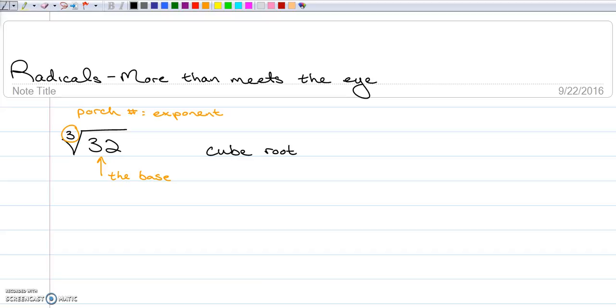So when I say I want to know what the cube root of 32 is, that means I'm going to put this little number, a 3, out on the porch. It means that I want you to tell me something to the third power equals 32. That's what we're going to try to figure out.